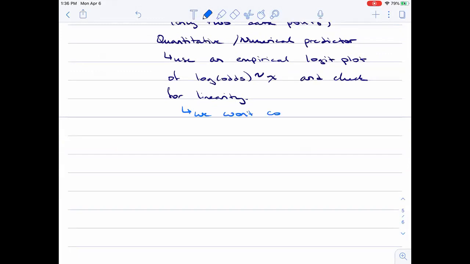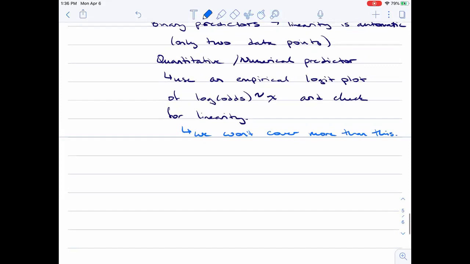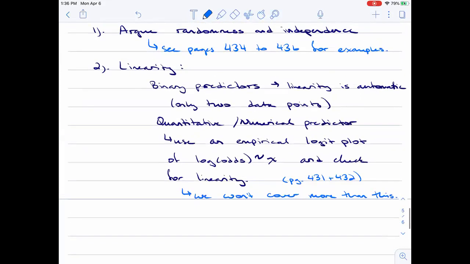We won't cover more than this. There is more, and you can see it on pages 431 and 432. It does go through and tell you what to do, but it goes deeper than what we need. So this is what I want you to know: you would use an empirical logit plot, which is just the log odds against X, to make sure that you've got linearity.